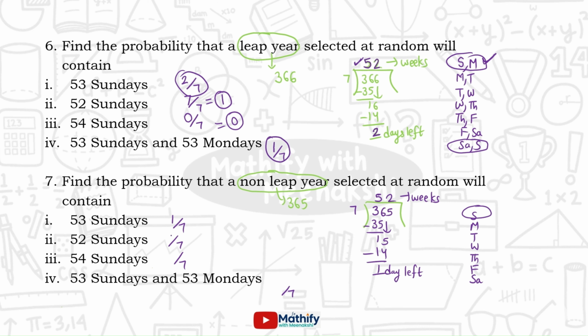Here, 52 Sundays, again we have 52 complete weeks. It's a sure event. That's 1. For the second, 54 Sundays, not possible. We have a maximum of 53 Sundays, so that's an impossible event. You will write 0. 53 Sundays, 53 Mondays: here we have only 1 day left, so we can have either 53 Sundays or 53 Mondays, not both at a time in case of a non-leap year. So again, that is 0.